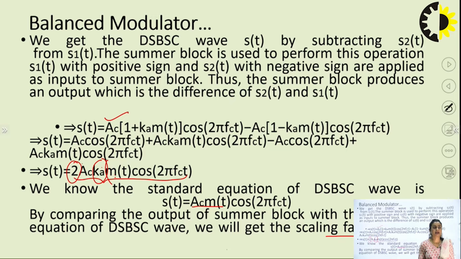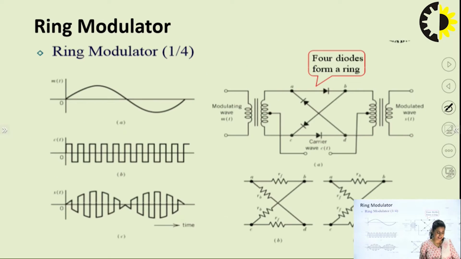Another kind of modulator that we may use for generation of DSB SC is the ring modulator. My ring modulator will be a combination of 4 diodes, right? So this circuit represents my ring modulator.